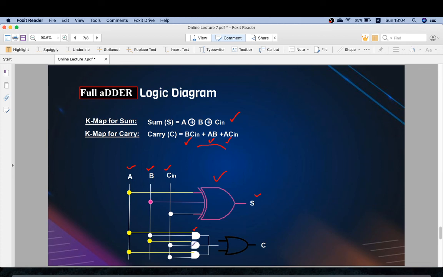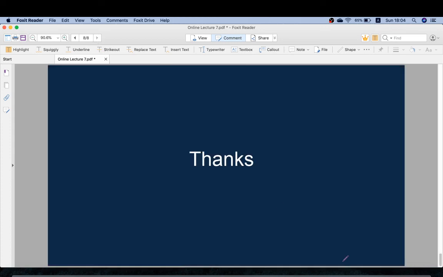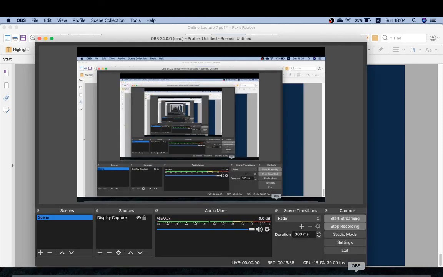So we make three AND gates, B C in, A B and A C in, with the inputs A, B and C in. All these outputs will be combined, or summed, with an OR gate, and the final output will be the output equation of the carry C out. So in today's lecture we studied what a full adder is and what the designing steps for the full adder are. Thank you.